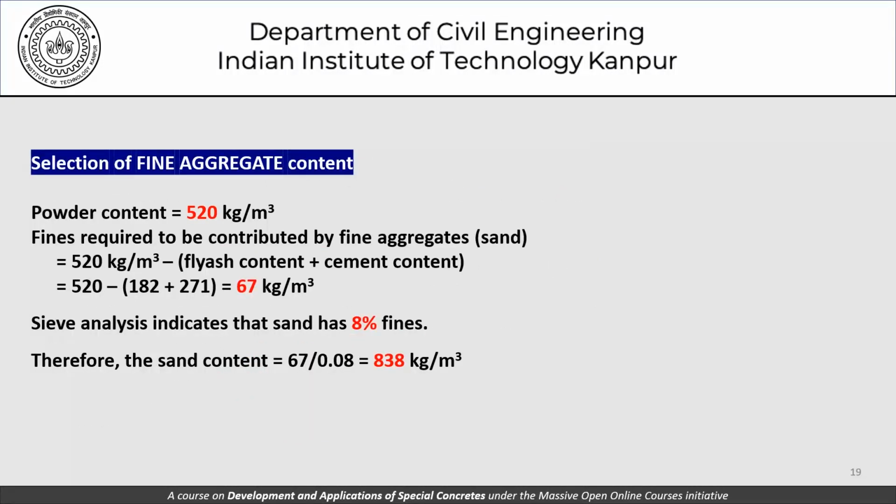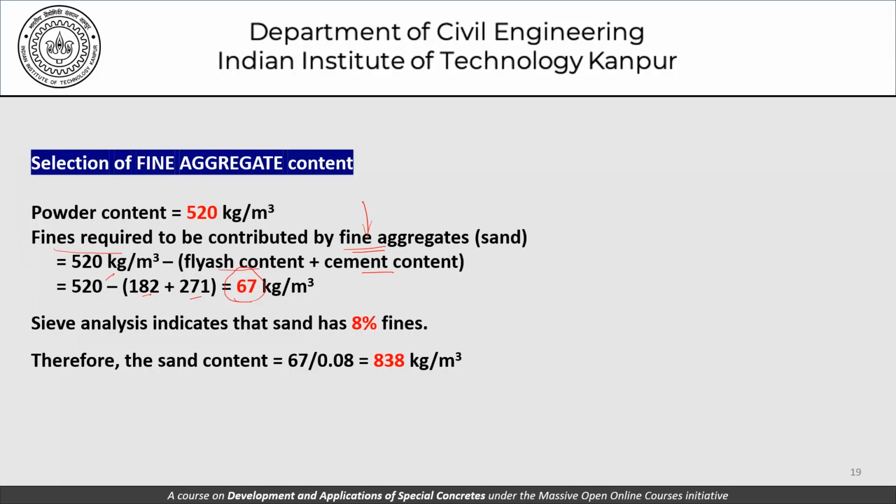Out of the 520, we know that the fines required to be contributed by the fine aggregate will be 520 minus the fines that are already there. All the fly ash which is there is fines, all the cement which is there is fines. Therefore, it is 182 plus 271, which we've already done, gives us 67 kgs of fines that have to be contributed by fine aggregate, that is sand.